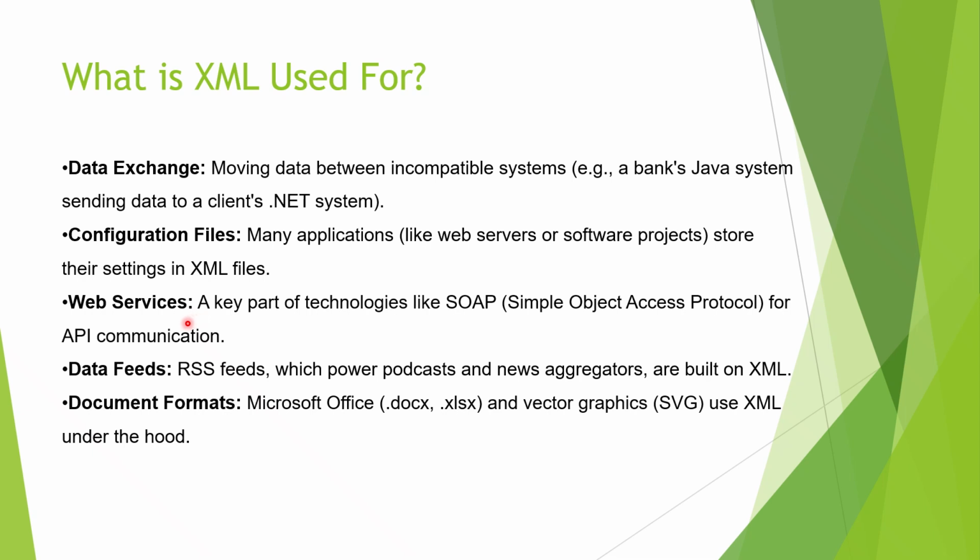Finally, many document formats you use every day are secretly XML. Even a Microsoft Word document, a .docx file. If you were to change the file extension from docx to zip and unzip it, you would find a whole bunch of folders and XML files inside.